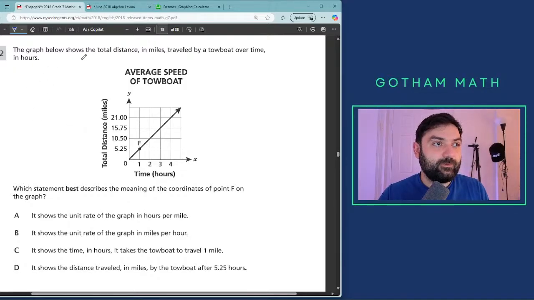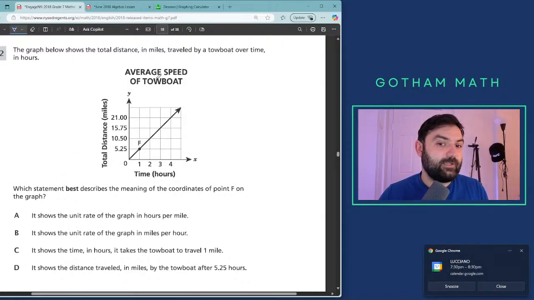The graph below shows the total distance in miles traveled by a towboat over the time in hours. So traveling in hours, distance, right? So this is like a speed. Which statement best describes the meaning of coordinates of point F on the graph?